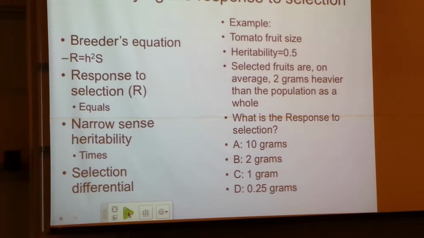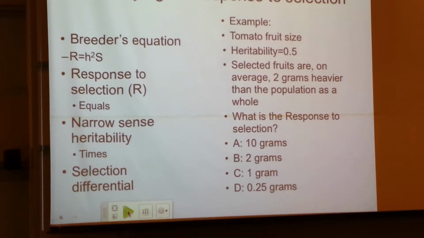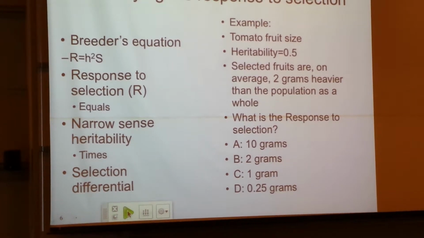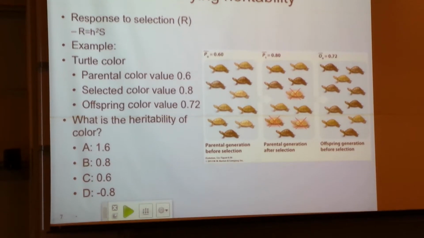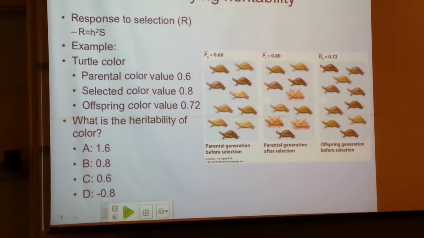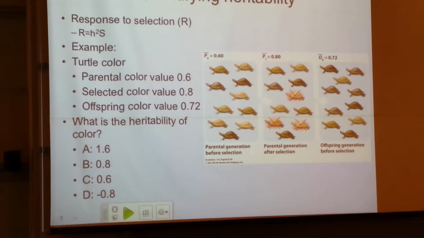Okay? So we can do this, right? We can calculate our response to selection. We can also find the heritability if we know what the response to selection is, right? So here we have another example, a parental population of turtles with some phenotypic value of 0.6.